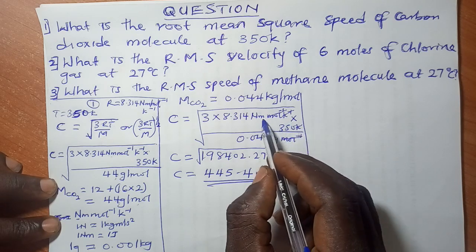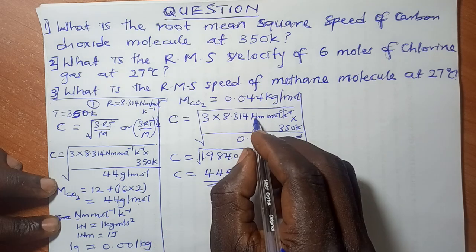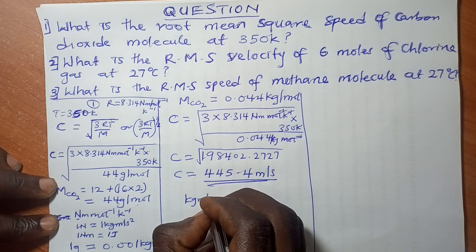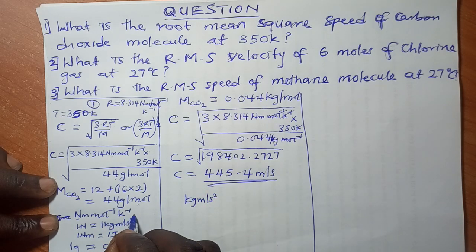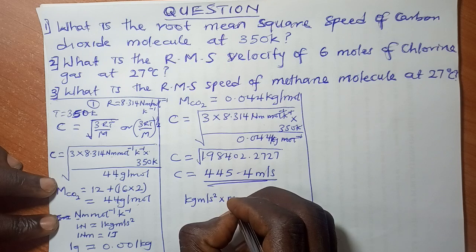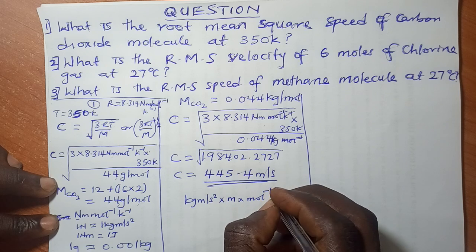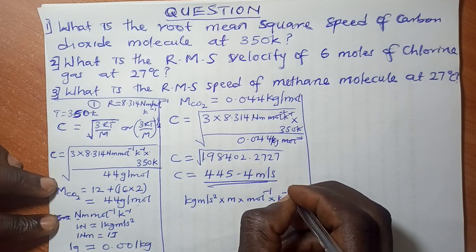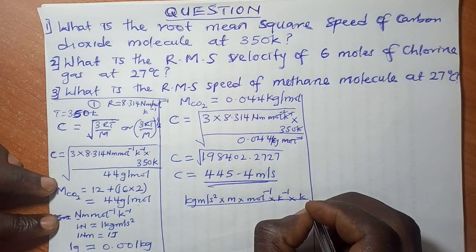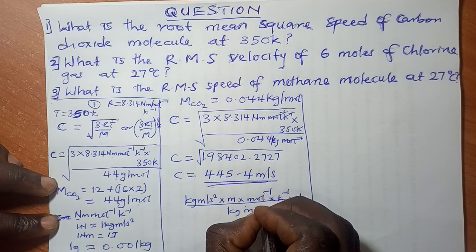For those who do not understand how I divided this, look at this. This is Newton meter. Remember, 1 Newton is kilogram meter per second square, I hope you know that, times this meter, times per mole, times per Kelvin, times this Kelvin, divided by kilogram per mole.